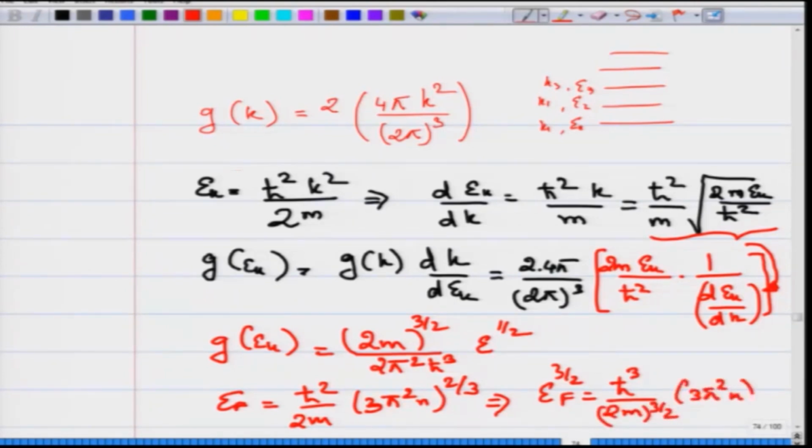3 pi square n, which is nothing else but related to this term. You see that this is present in this term.